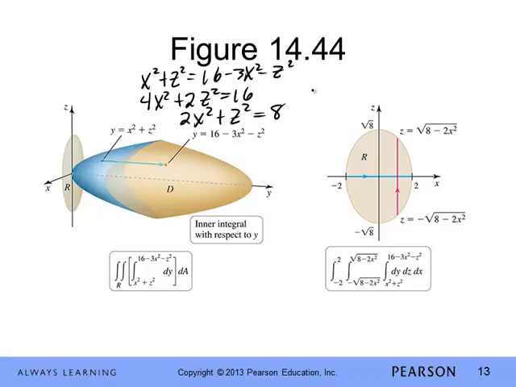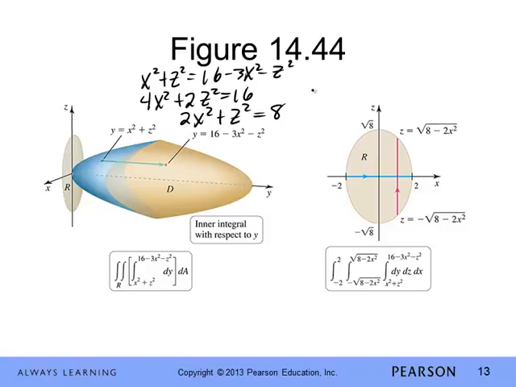So z is going to vary between negative square root of 8 minus 2x squared and positive square root of 8 minus 2x squared. So that's why you see these limits for the z variable. And then finally, x is going to vary between negative 2 and positive 2.